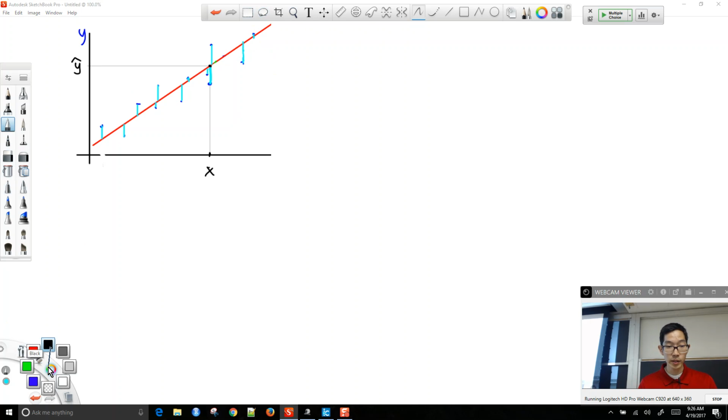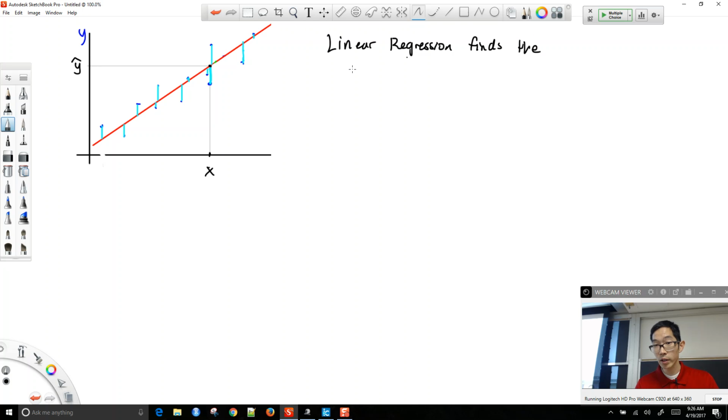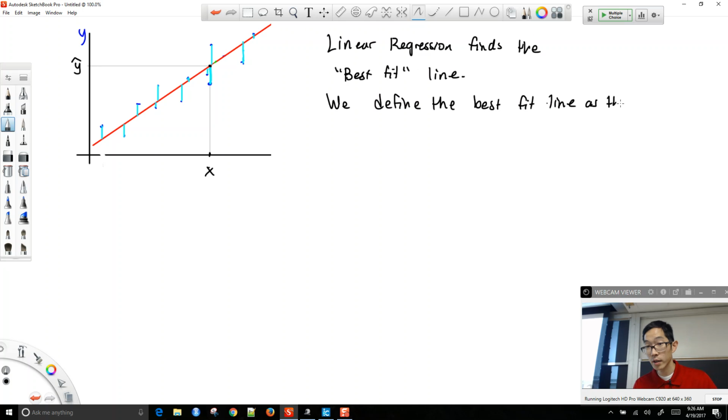So linear regression finds the best fit line, and we define the best fit line as the line that minimizes the total squares of the residuals.